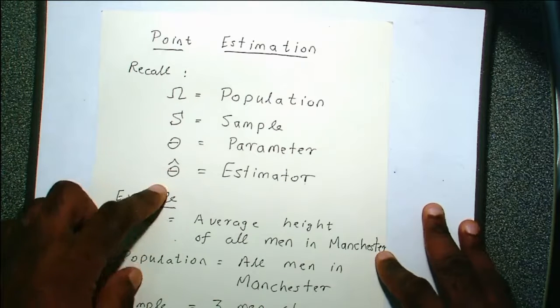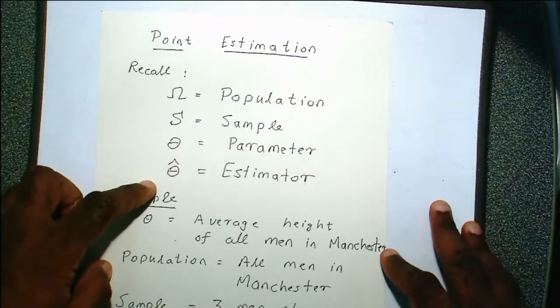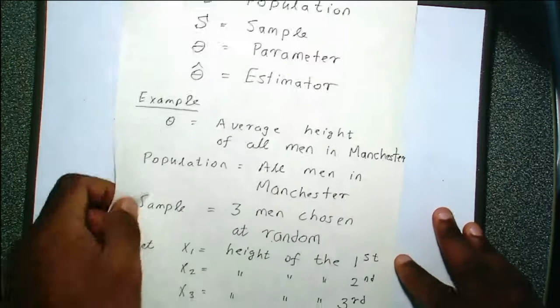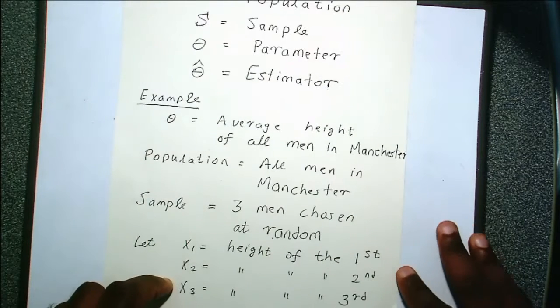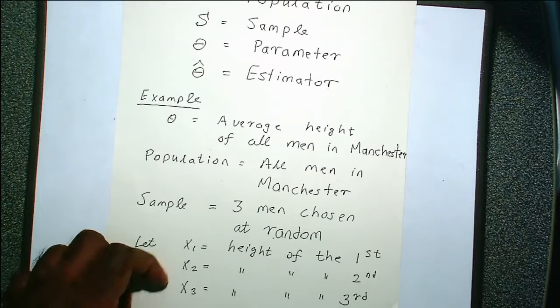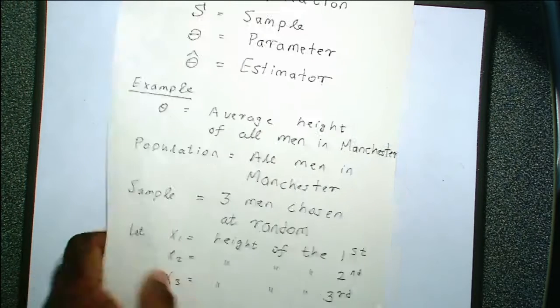These are the four elements of estimation: the population, the sample, the parameter, and the estimator. I looked at an example where we were looking at the average height of men in Manchester. Suppose you select 3 people at random and measure their heights and call them x1, x2, x3, right?